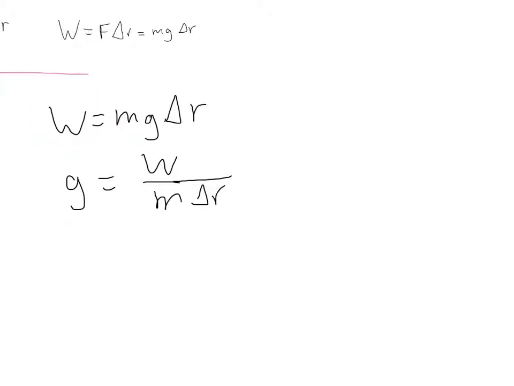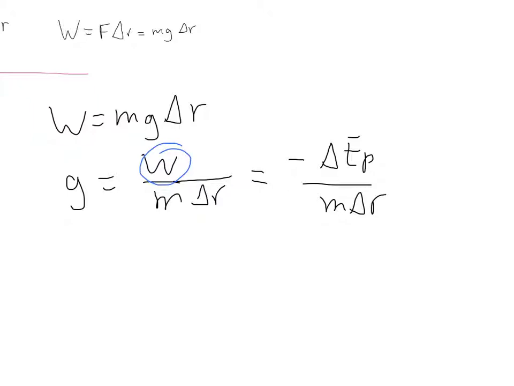But if you look at this, the work that I have to do is exactly the opposite of the increase in potential energy, right? So let's say this is equal to minus the increase in potential energy divided by the mass divided by the increase in r.